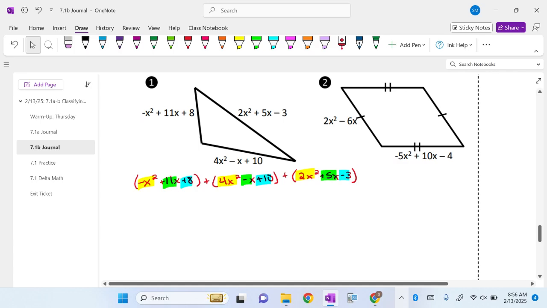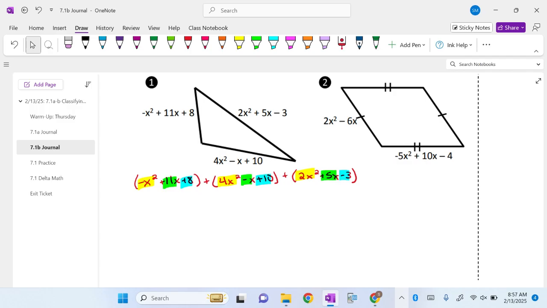All right. So if we're writing in standard form, what highlighted color comes first, the yellow, green, or blue? What color? Which one has the highest exponent? The yellow, or our x squareds. So I'm going to do negative x squared plus 4x squared plus 2x squared plus what highlighted color comes next, green or blue?